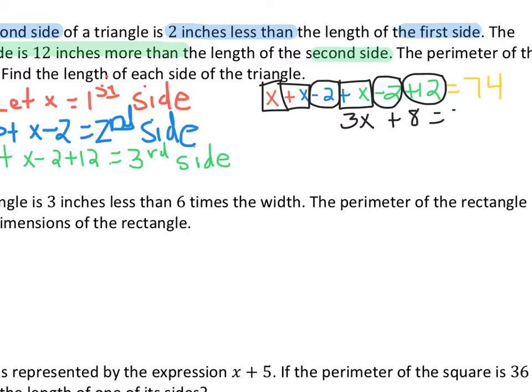And this equals 74. Let's subtract 8 from both sides. We get 3x equals 66. Divide by 3, and we get x equals 22. It wants to know the length of each side of our triangle.